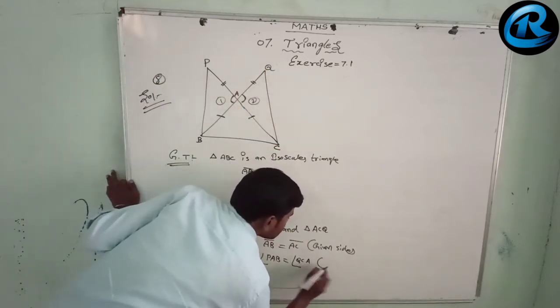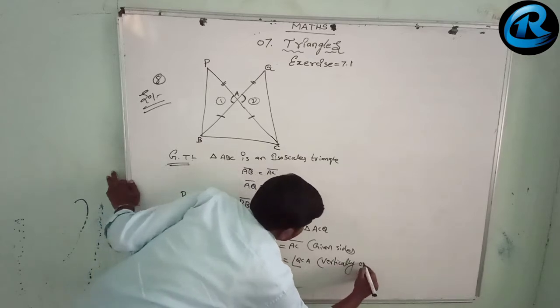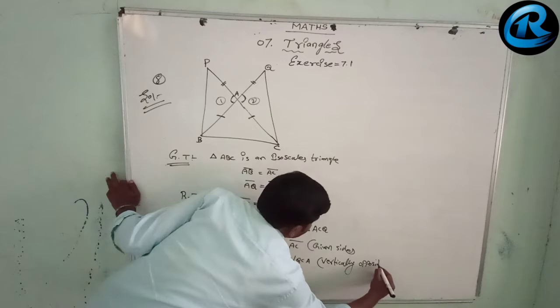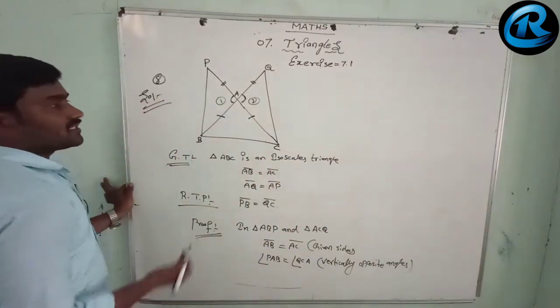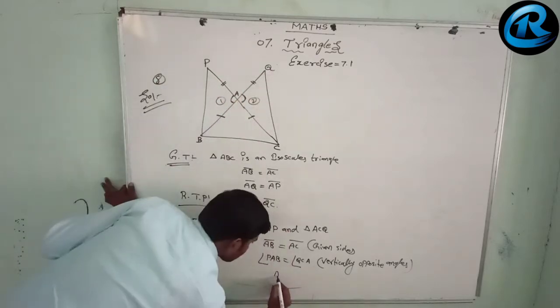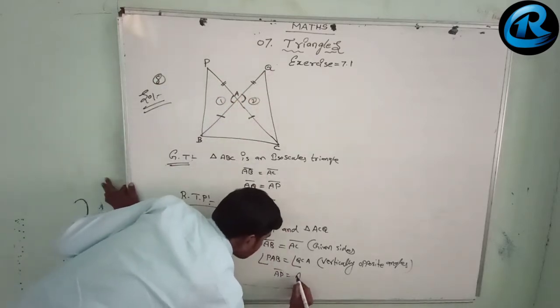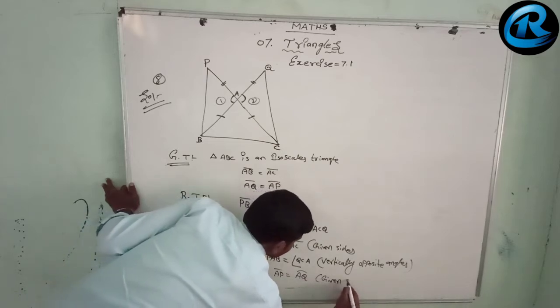Now AP is equal to AQ, which are also given sides.